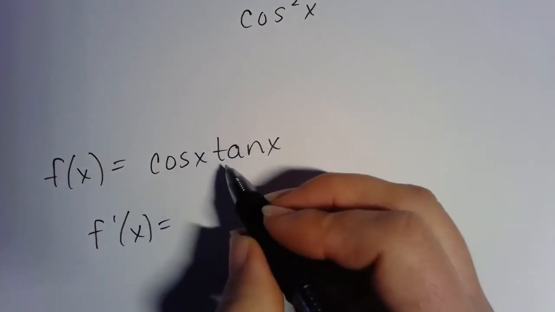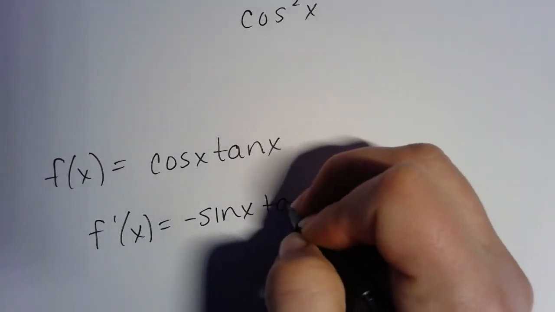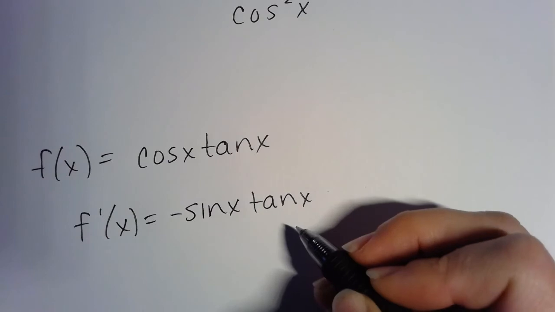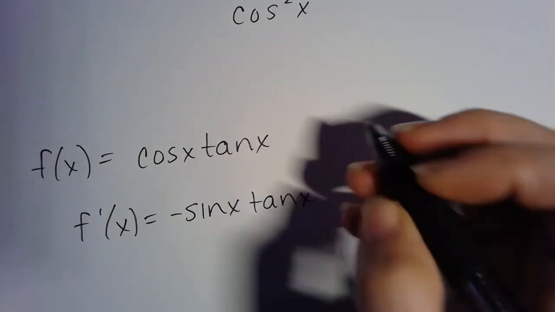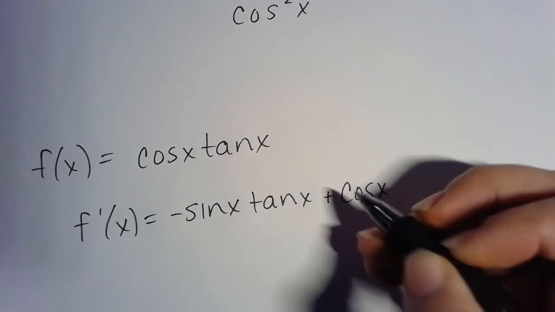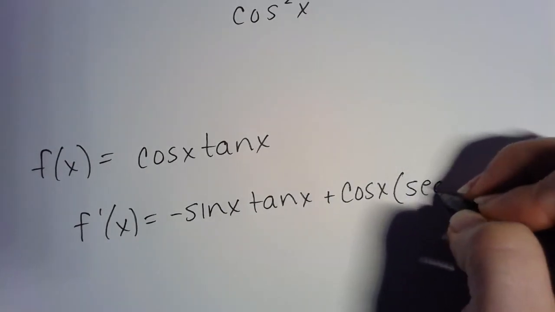So I'll start with the derivative of cosine, which is negative sine, and then tangent just comes along for the ride. It's the derivative of the first, times nothing happens to the second part. And now we're going to have cosine times the derivative of tangent, which we just learned is secant squared of x.